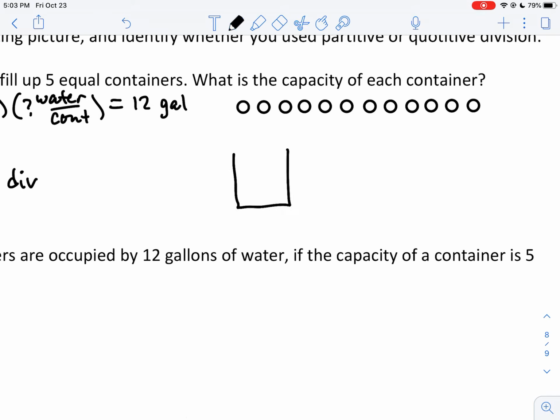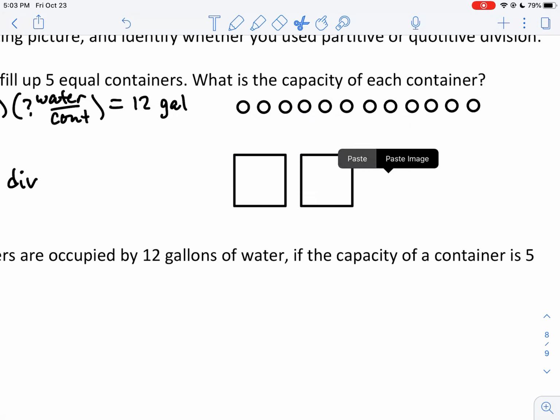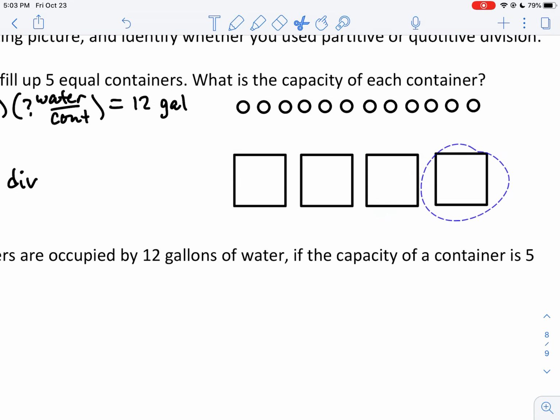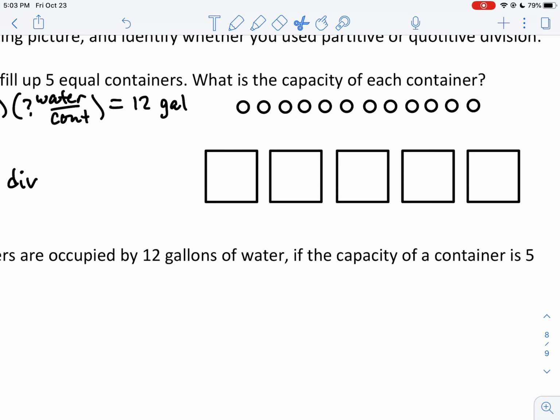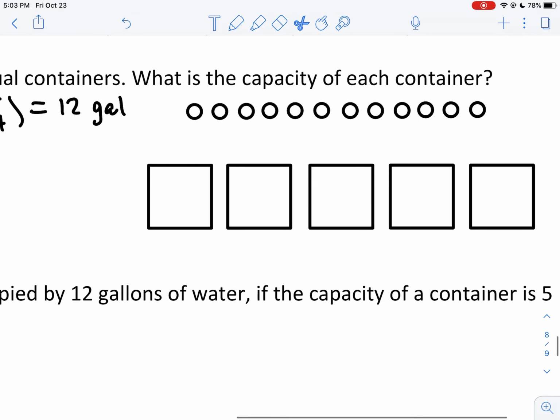And we have 5 containers. So I'm going to do containers as little boxes. Each of these is a container. And we want 5 of them. Okay, so there's my containers and my gallons.